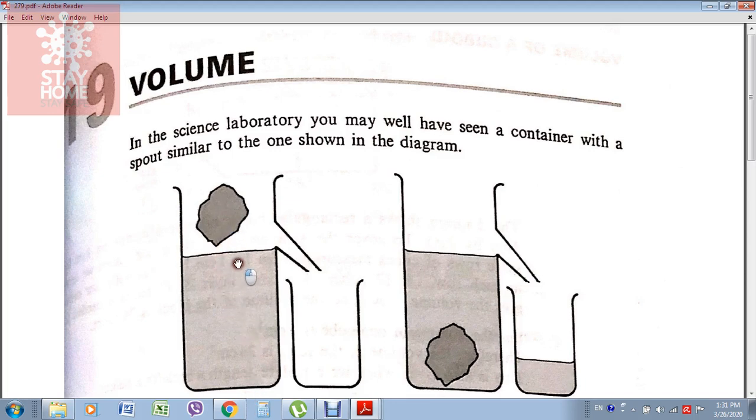Definitely the water level will go up, and some water will come into this measuring container. Now you see this stone is inside the container and some water is in the measuring container. So this water is equal to the volume of this stone. Very simple concept it is.